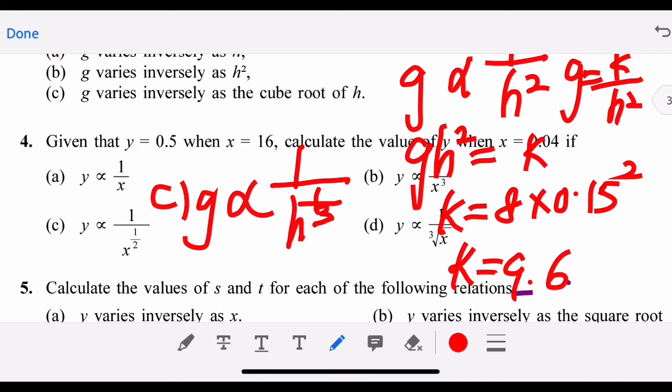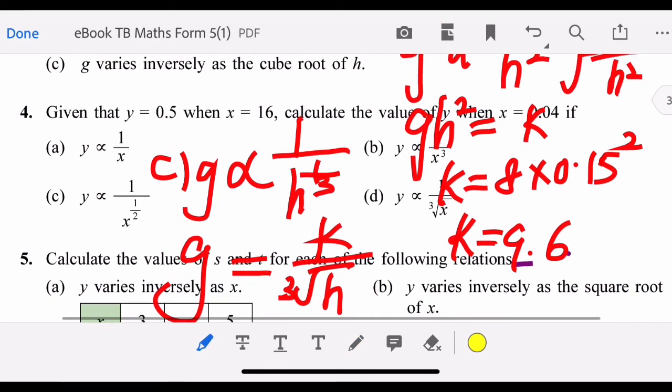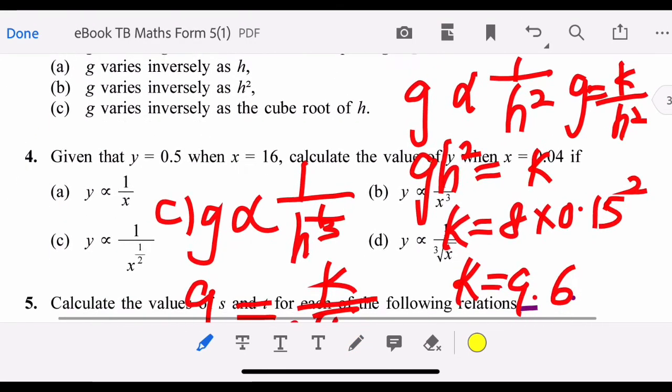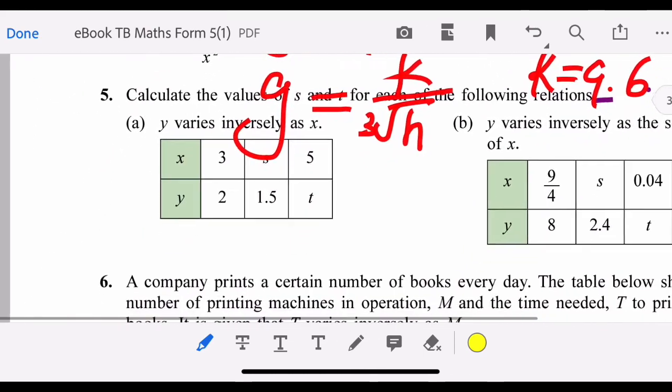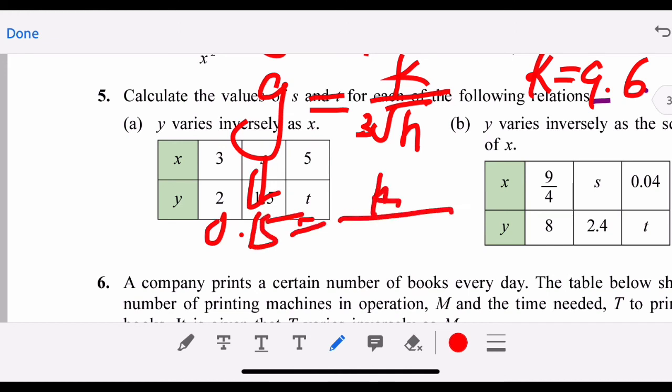So if you write into equation, G is equal to K over cube root H. So we substitute the value inside, G is 0.15 equal to K over cube root of 8, and cube root of 8 is 2, right?